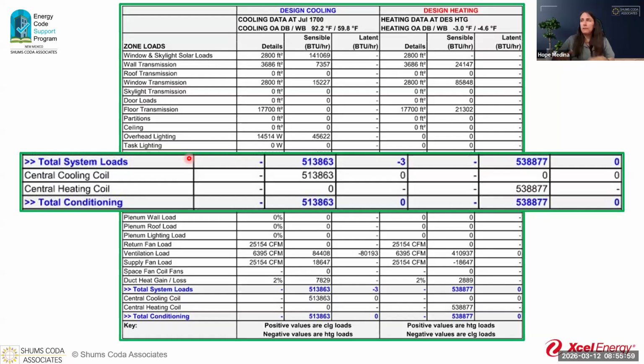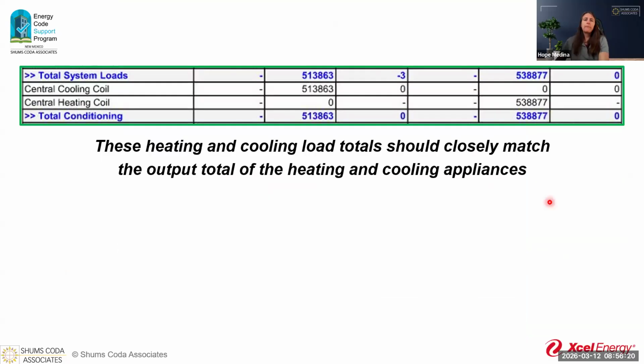Now I'm going to speed up a little bit because I know we're running out of time here. But let's talk about what these loads actually look like. So you'll notice here are the numbers down here. This is giving us what our total cooling load is, and this is what our total heating load is going to be. Now, these heating loads that we see right here, this was our heating load.